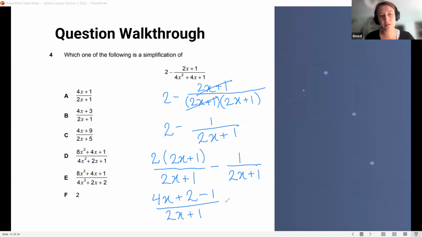And then if we collect like terms at the top, you'd get 4x plus 1 over 2x plus 1, which would give me an answer of A. So I'll leave that up for a second if people are noting it down. But yeah, so as I said, this would probably take me longer than a minute, but I'd be hoping to average that out with other sections.